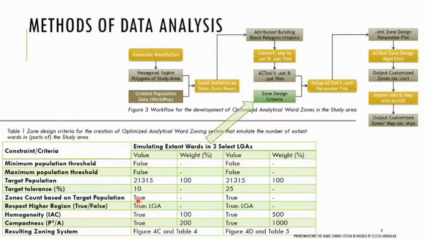So the software does that work internally in trying to optimize to meet all of these criteria. So for this pilot work, like I did say, we optimized majorly for the target population with the hope that that provides the total number of zones and allocates that to different local government areas. So it does the work internally in terms of trading off the soft criteria, and the hard criteria were specified but not shown here because it goes ahead to meet them.